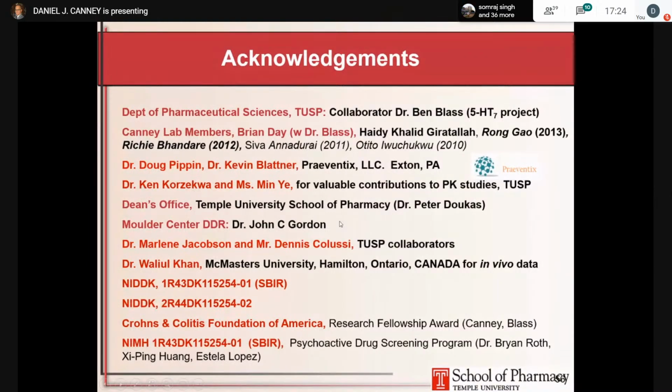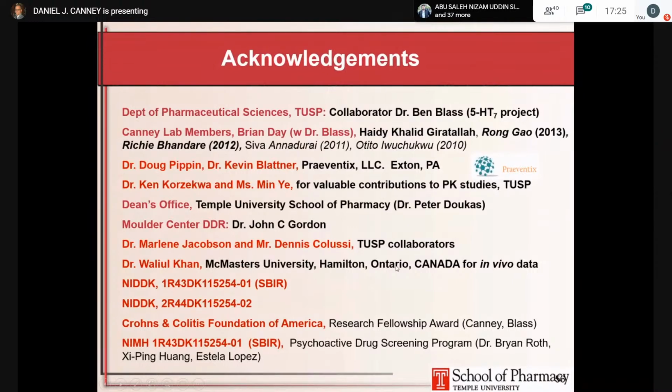The Mulder Center, Jack Gordon is the guy who does the screening facility work, the ADME work, and provided a lot of the data that I showed you regarding the SIPs and the mouse liver microsomes and so forth. Marlene and Dennis were contributors to the pharmacology.